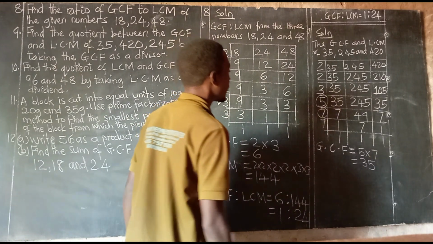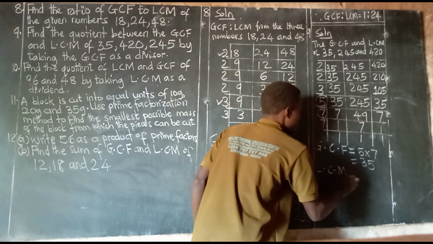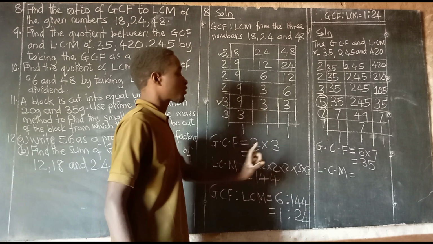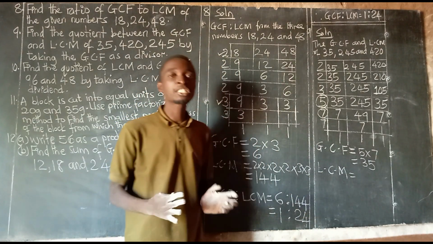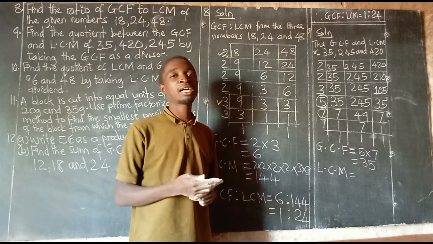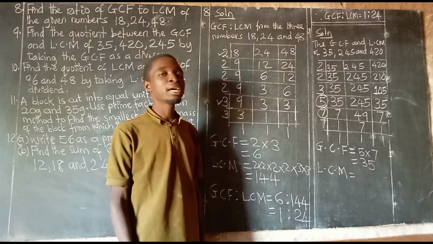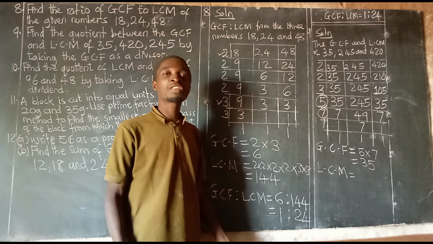Now let us look for the LCM, the lowest common multiple. As I have told you, for the lowest common multiple you take the product of all the prime factors, regardless of whether any of them has divided all of the 3 numbers.